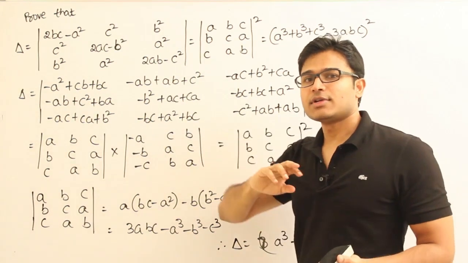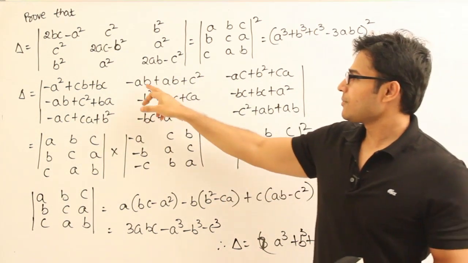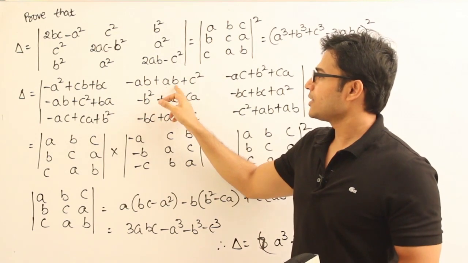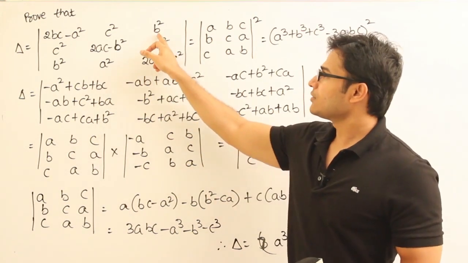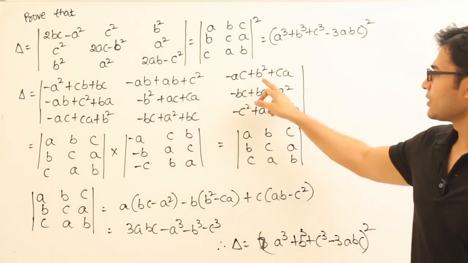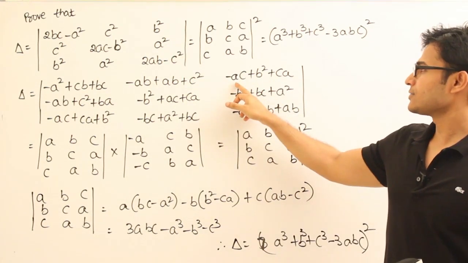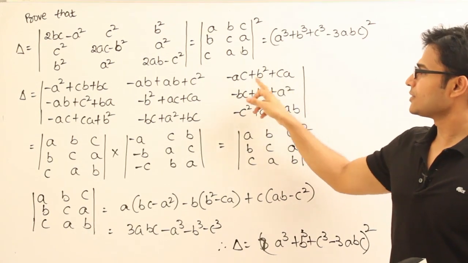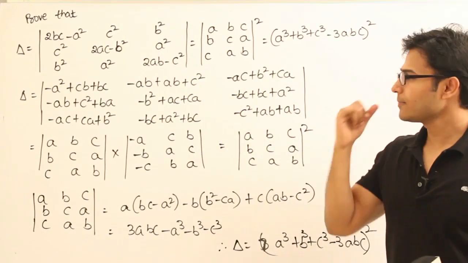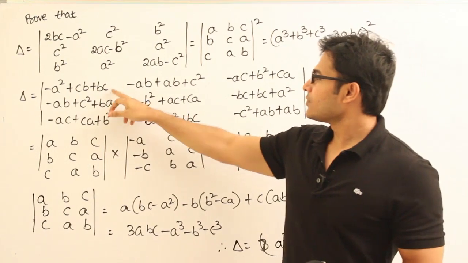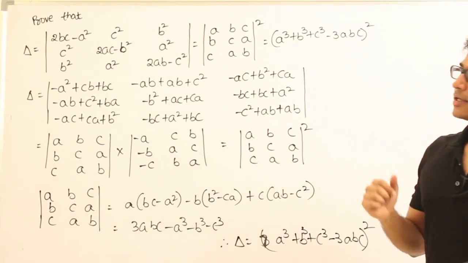Just to write it as a sum of three terms, I am writing it as minus ab plus ab, right? There is only one term here, which is b square, and in order to write it as three terms, I am going to write it as minus ac and plus ac, therefore I can write it as three terms. Okay, so if you observe it, every element is written as a sum of three terms.